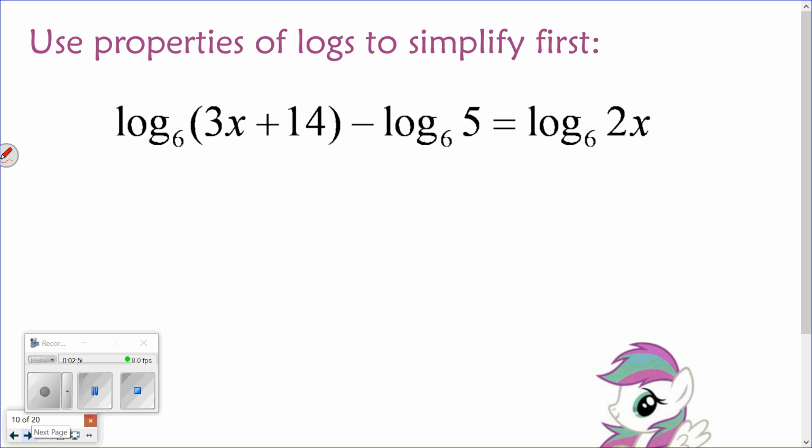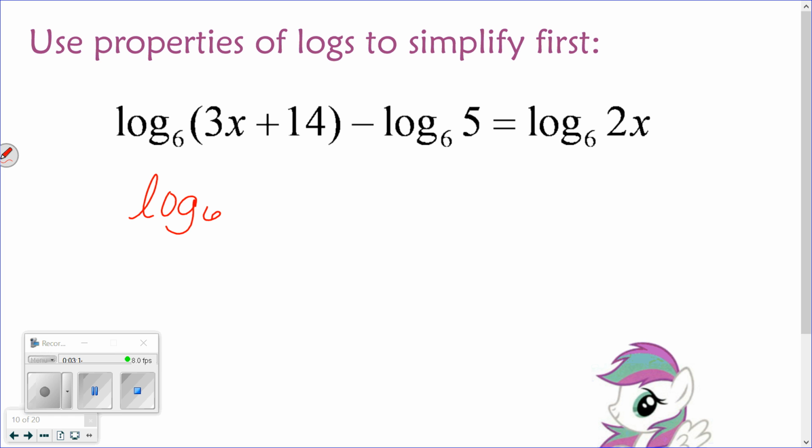Okay, now all those properties of condensing and expanding that you guys love so much, you have to use them. Do you notice on this one, I don't just have log of something equals log of something? Right, I got some other stuff. But I know if it's minus with logs, what is it really? It's division. So we need to use those properties to put it together.